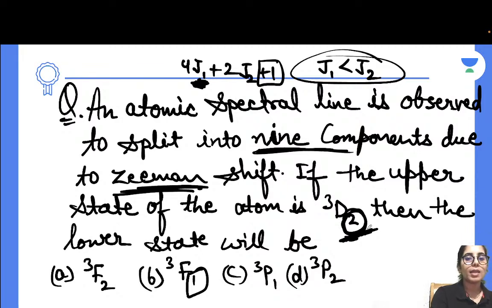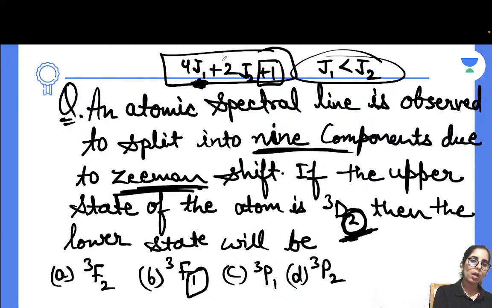So I was saying that the number of transitions or components in the Zeeman effect can be found with this formula, where J1 and J2 have a condition that J1 should be smaller than J2. One of the J values is given in the question, which is 2, and the other J value you need to decide from the options.